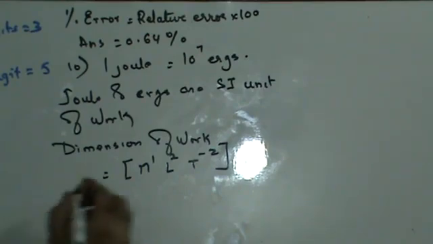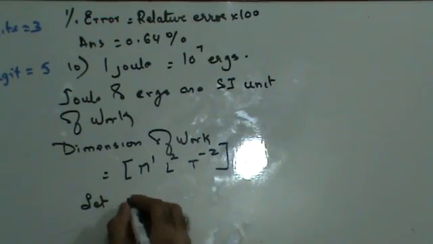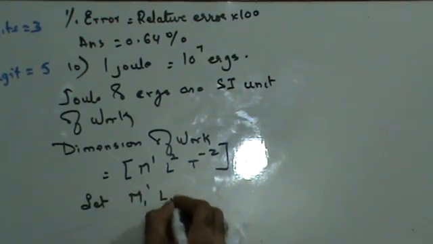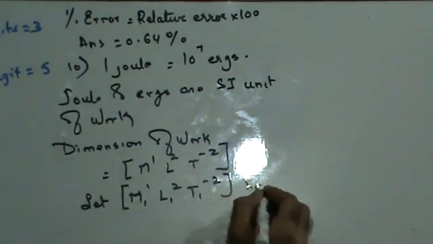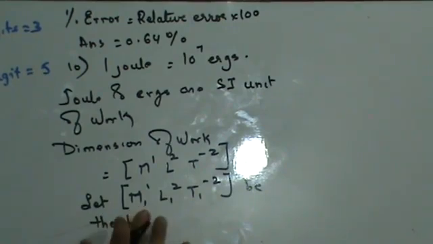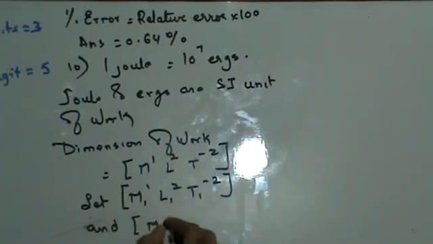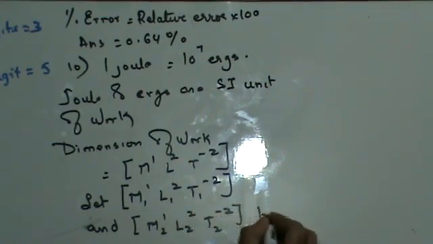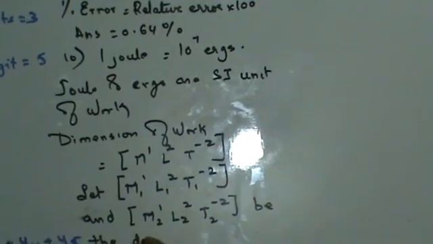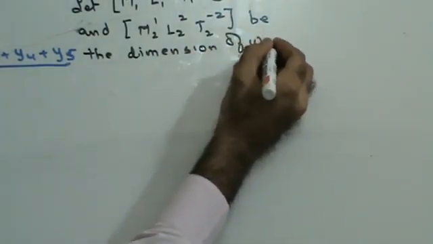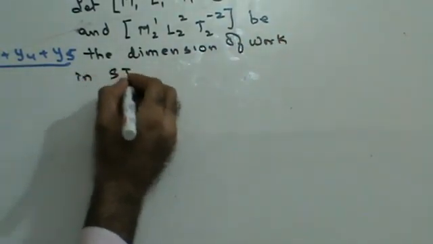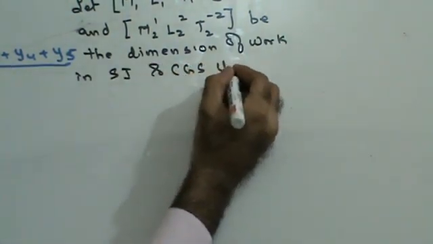Right? Now, let us assume M1 raised to 1, L1 raised to 2 and T1 raised to minus 2 be the dimensions, and M2 raised to 1, L2 raised to 2 and T2 raised to minus 2 be the dimensions of work in SI and CGS units.